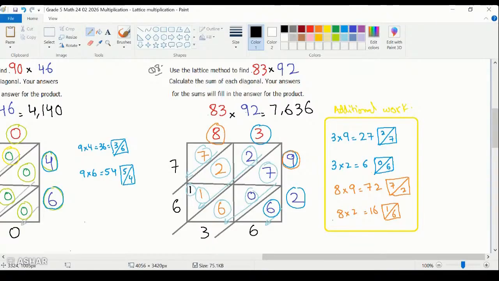So if we write 83 multiplied by 92, right? 7,636. Agreed? Becca, Semi, do we agree on this answer?